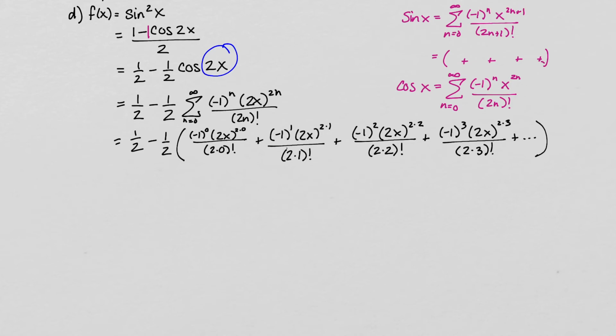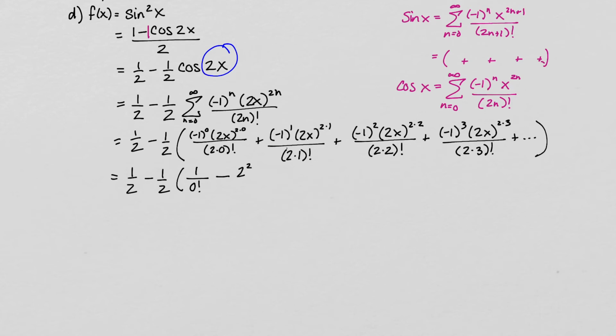And so if I begin to work this out, we've got 1/2 minus 1/2 times. The first term there, everything is to the 0 power on the top. So on the top I have a 1, and on the bottom I have a 0 factorial. Remember, 0 factorial is just 1, so that whole first term is just 1. Then I have -1 to the first, so it's going to be negative.